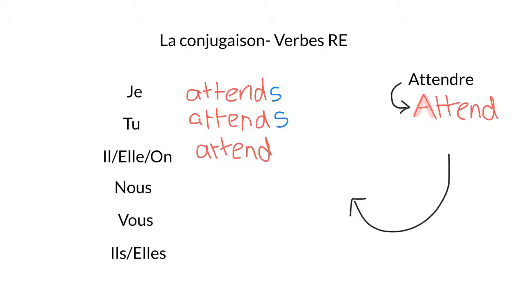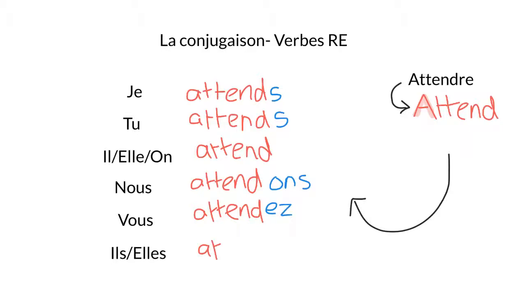And then it is nous attendons. Then it is vous attendez. And finally, ils, elles attendent, which again has that funny ENT at the end. So as you can see, it's another very simple conjugation structure.